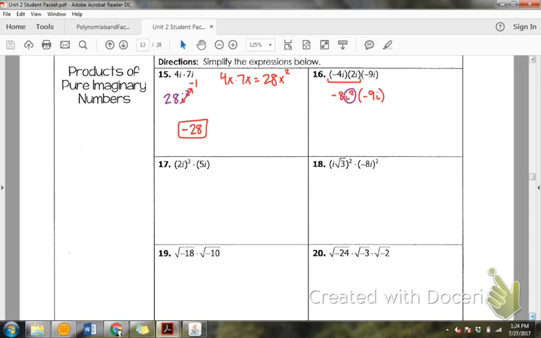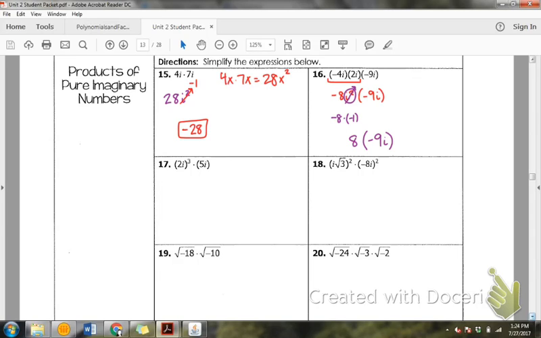So, hang on, think in your head. So this becomes -8 times -1, right? That's what that really becomes there. What is -8 times -1 then? 8. So now I have a positive 8 times -9i.